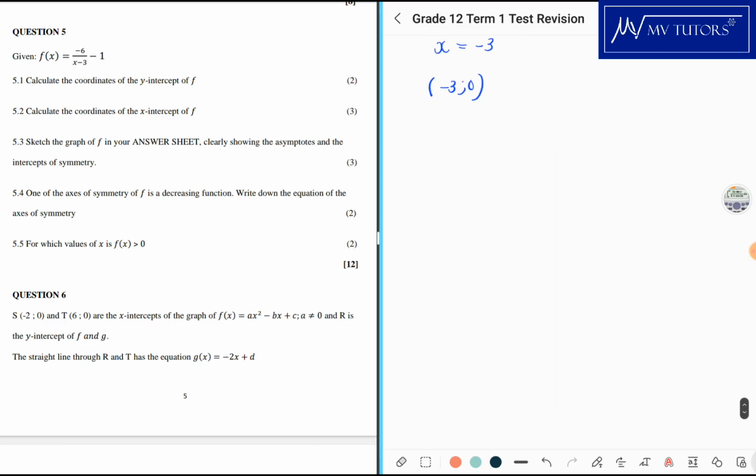Alright, so I drew it previously briefly, but now let's draw it more accurately. Okay, so that is our x, y, and x-axis. I know that my asymptote, I have x minus 3. So basically, the asymptote is going to be x is equal to 3. So let me just label it.